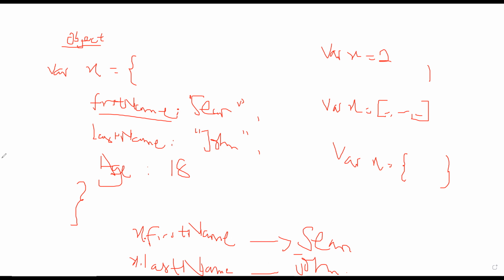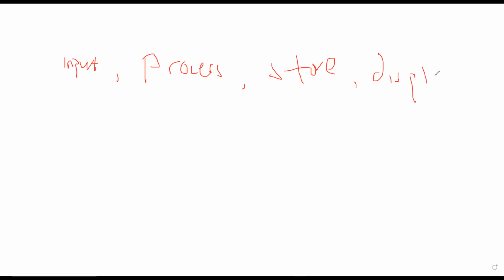In the last class, I mentioned it's very important for you to know how to get your input, process this input, store, display. This is all what computer is doing. And during this process, a lot is going on.